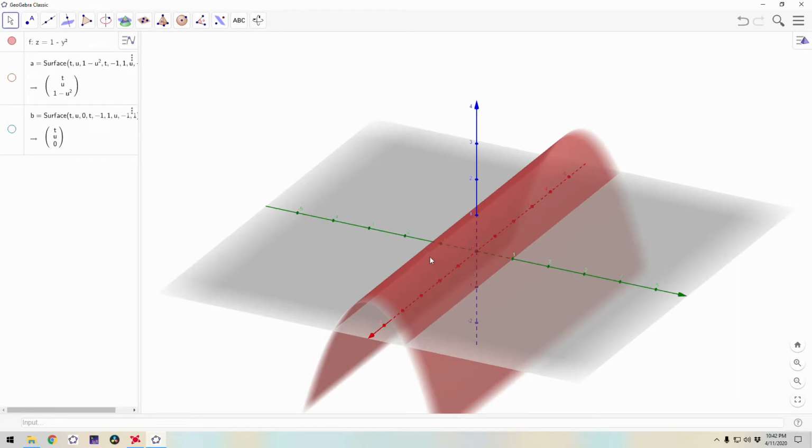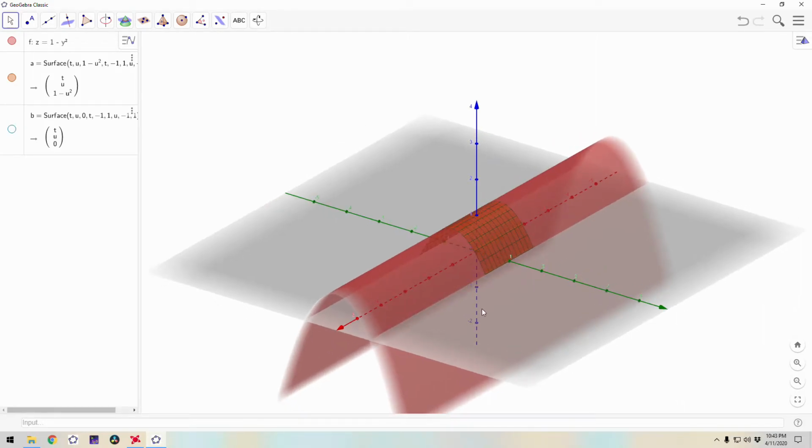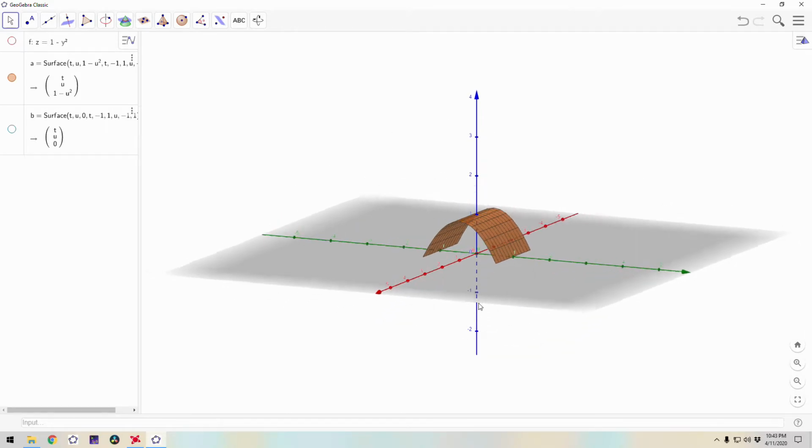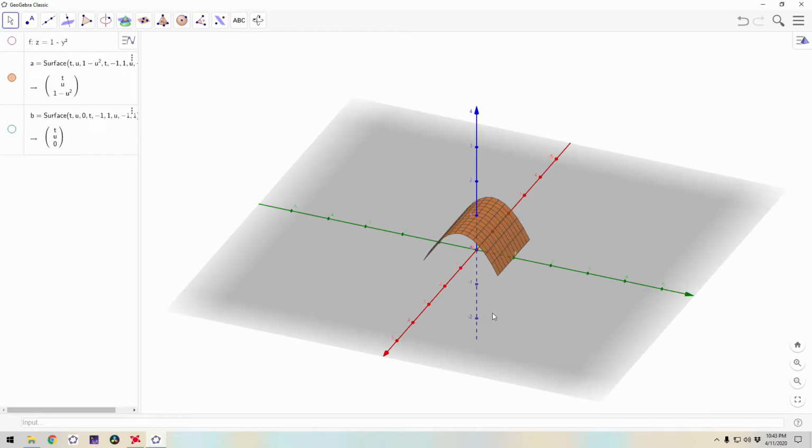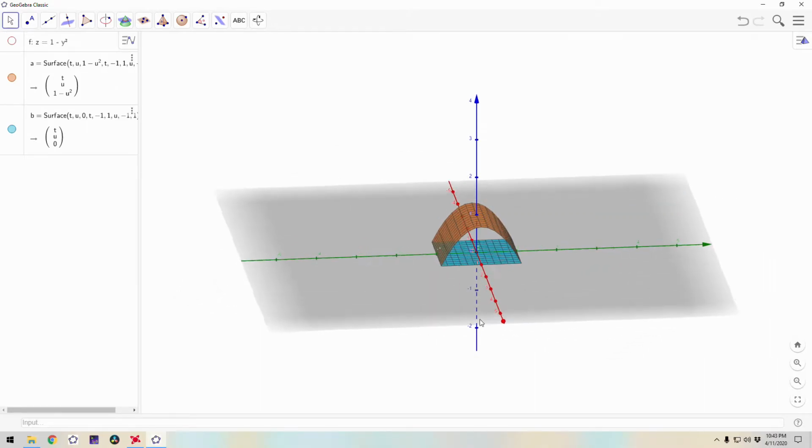We were restricted on our x-axis from -1 to 1. So I'm only looking at this piece right here of the cylinder, and not even the piece that goes below the plane, because z equals 0 was one of our boundaries. So technically we have this floor here as well to this piece.